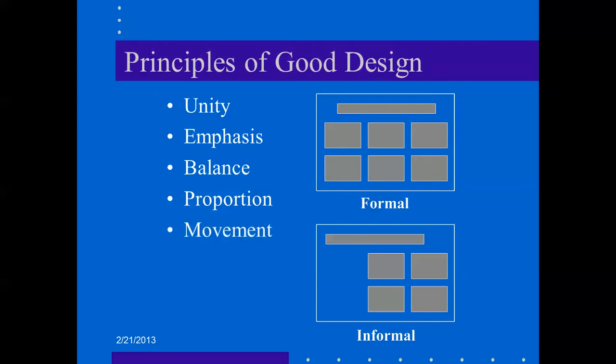The next principle of good design is movement. You want to make sure that you put your objects in such a way that there is free movement along your document. For example, in Western society, it's culturally popular for us to read from left to right and then we zigzag back.